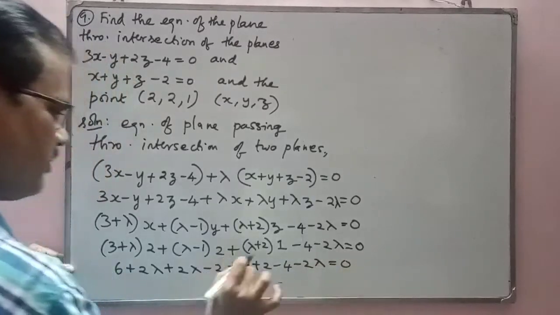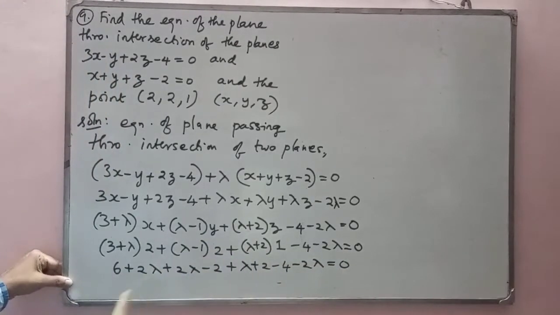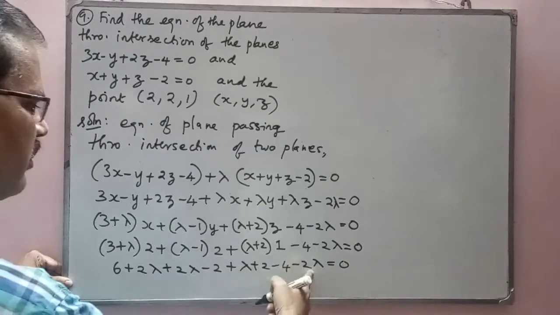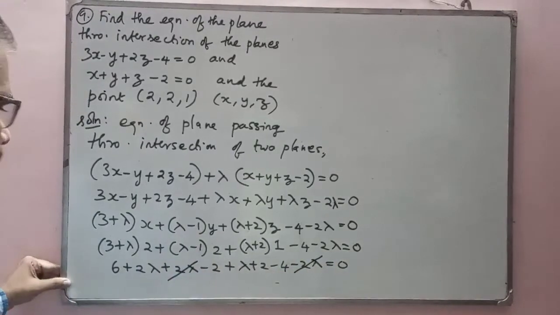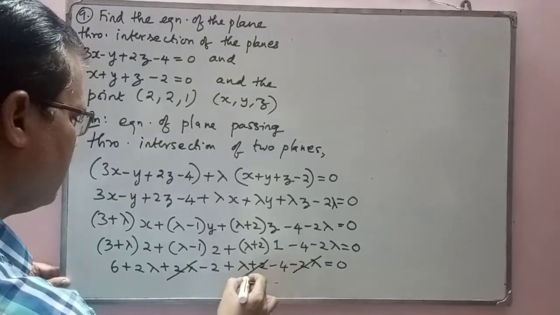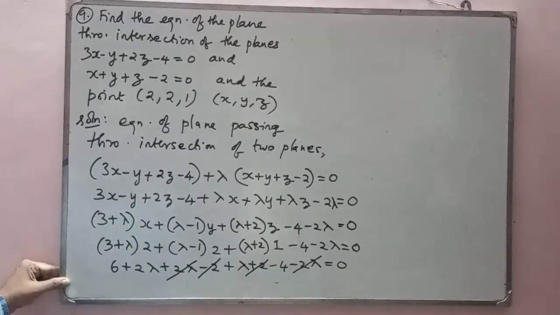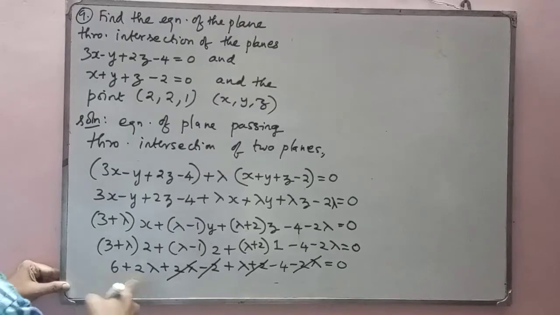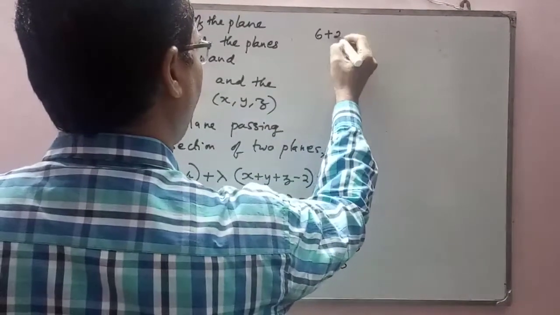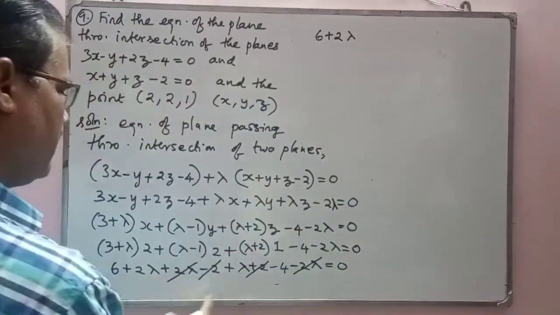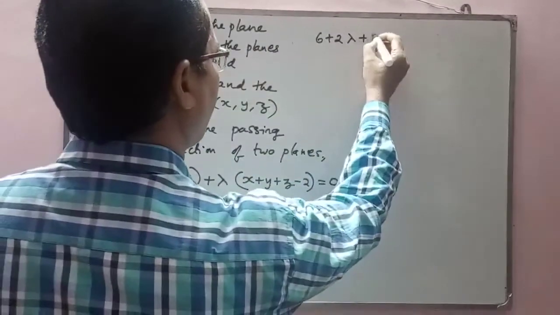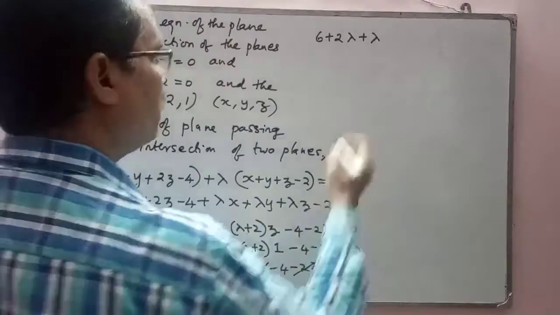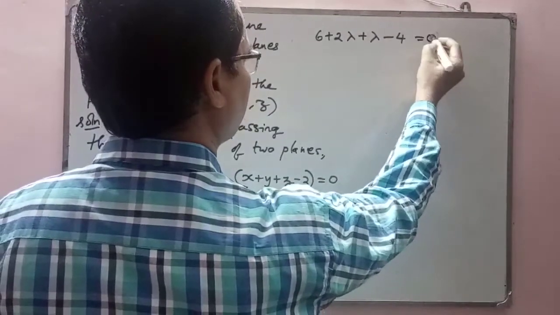You have to do this step very carefully. Now we see plus 2 lambda and minus 2 lambda are there. First we'll cut them off. Then minus 2 plus 2 is there. Whichever is possible, we'll remove that. Now what are we left with? 6 plus 2 lambda, then you have a plus lambda here, now minus 4 equals 0.